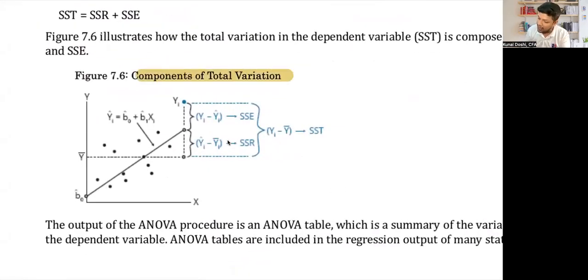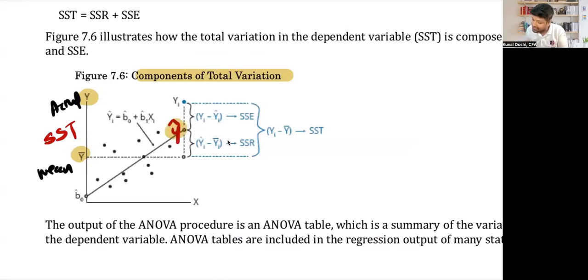If you look at the diagram, the total difference between, remember, the actual minus mean, this is my actual and this is my mean. The actual minus mean was called sum of square total, which is the difference between predicted minus mean. Where is my predicted? My predicted is here.